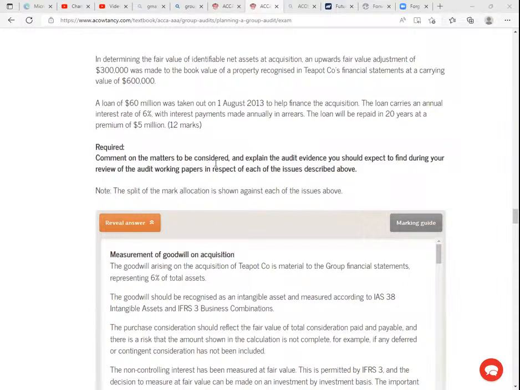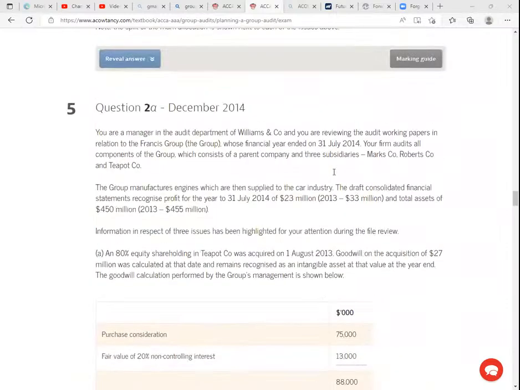Comment on the matters to be considered and explain the audit evidence you should expect to find during your review of audit working papers in respect of each of the issues described above. I read very fast. You are a manager in the audit department of Williams and Company, and you are reviewing the audit working papers in relation to Francis Group, whose financial year ended on 31st July 2014.